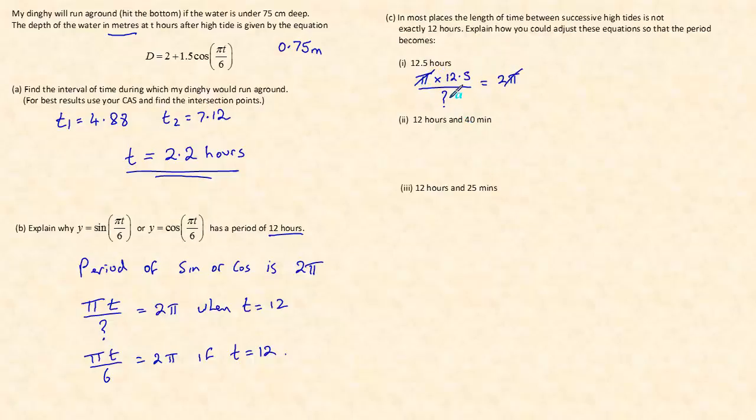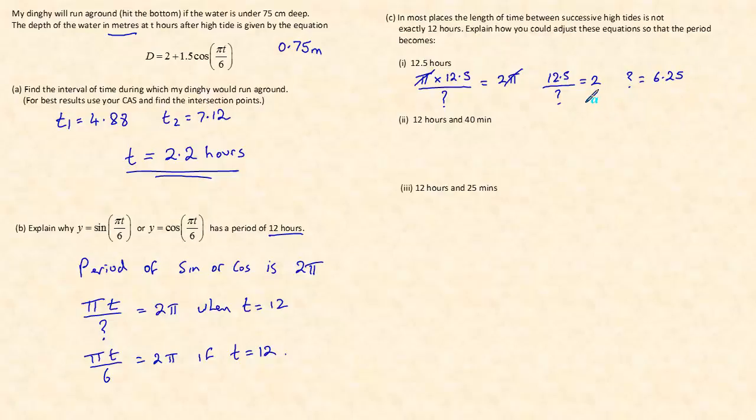Cancel the pi off, and we can see that 12.5 divided by a question mark is equal to 2. So the question mark has to be a half of 12.5. So the question mark would be equal to 6.25.